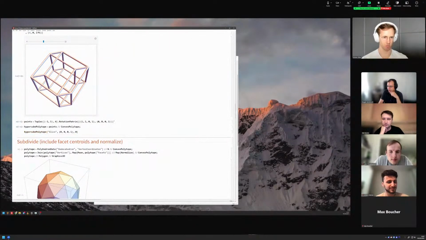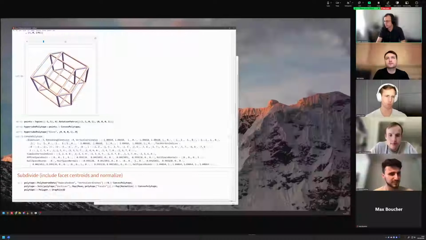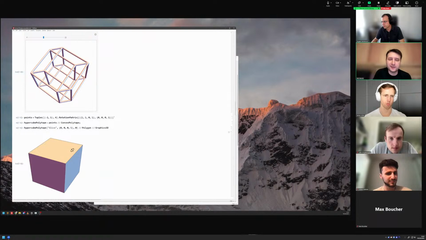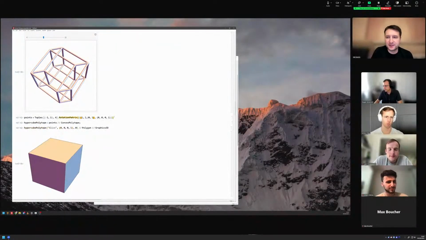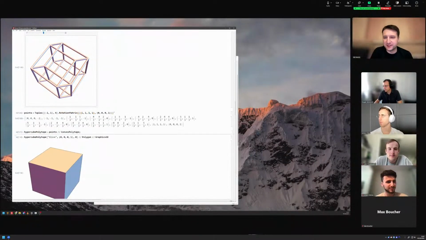So I'll cut it at the equator along the W, the fourth direction, and I get a polytope out. Does the normal vector even make sense in 4D? Because you basically have a 3D plane, right? And normal to it, it's not a vector anymore.